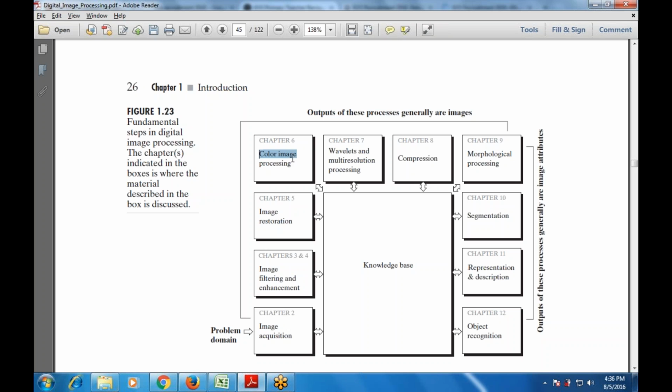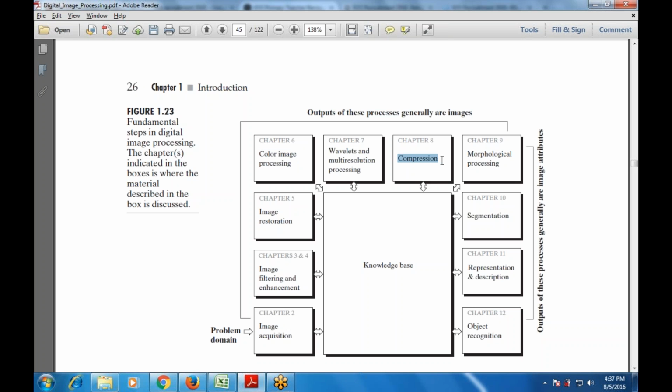After that there is color image processing, how colored images will be processed. Next one is wavelets and multi-resolution processing.